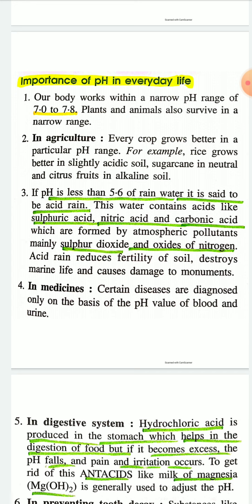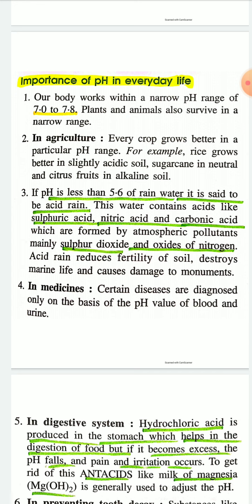Our body works within the narrow pH range of 7 to 7.8. 7 to 7.8 means basic in nature. So our body works in a slightly basic medium. Similarly, plants and animals also survive in a narrow range.